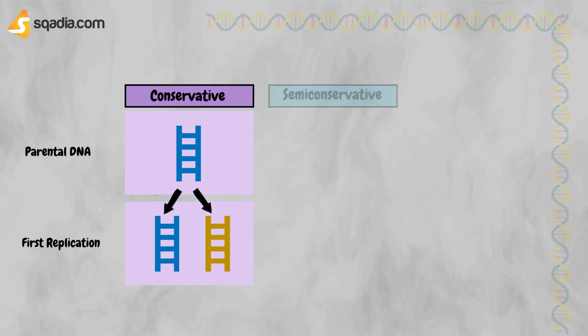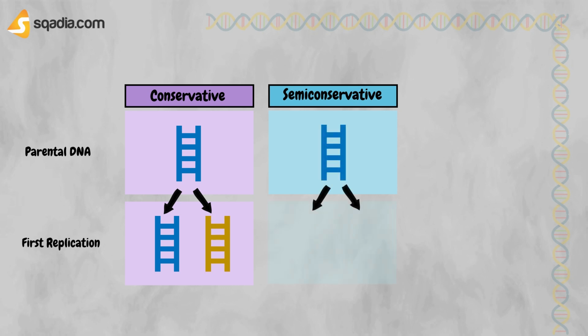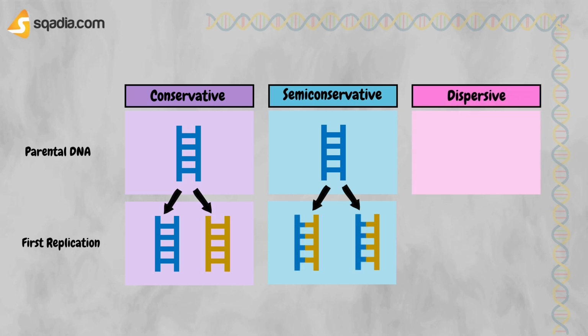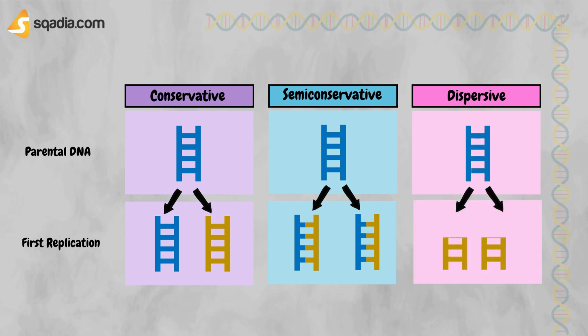In the semi-conservative model, each new molecule consists of one newly synthesized strand and one template strand. In the dispersive model, new molecules are made of segments of new and old DNA.